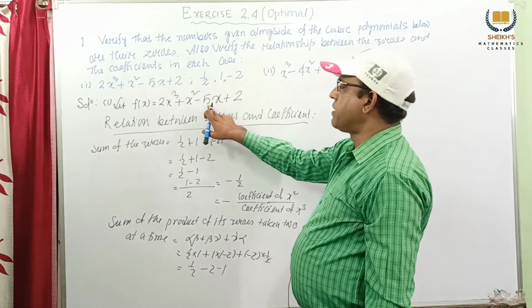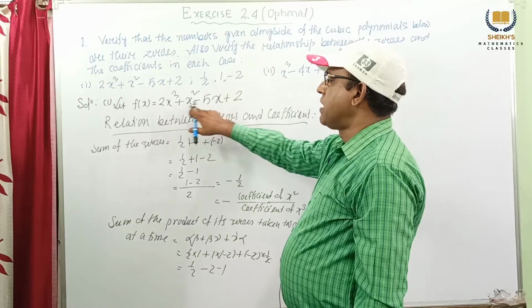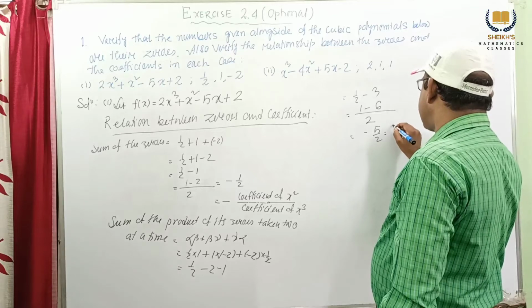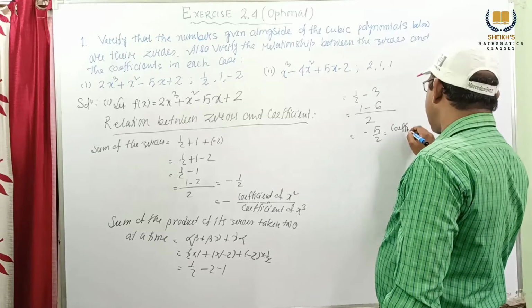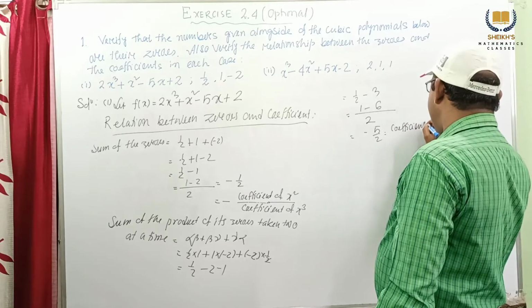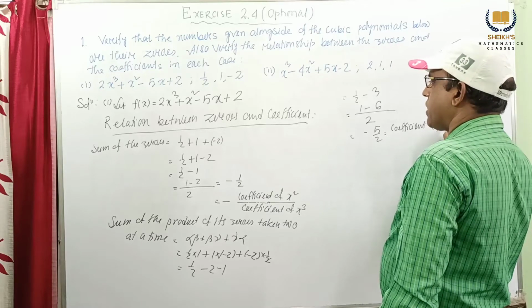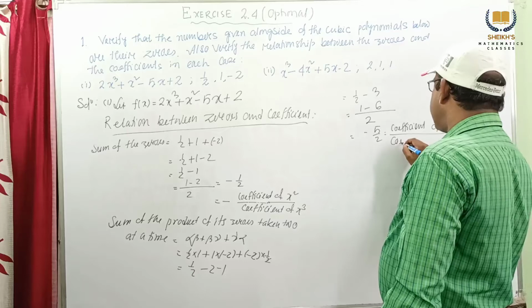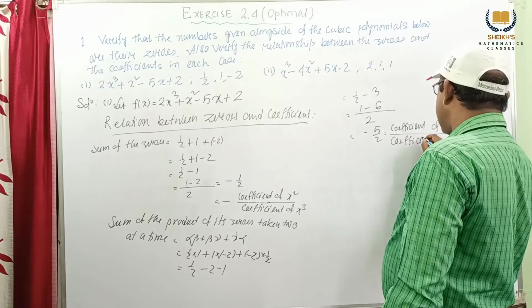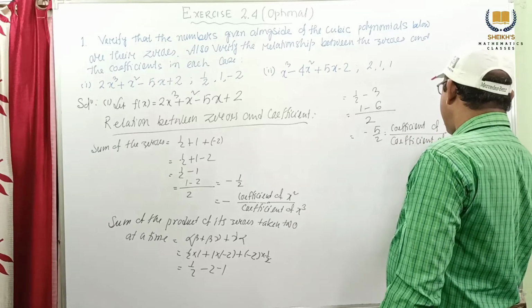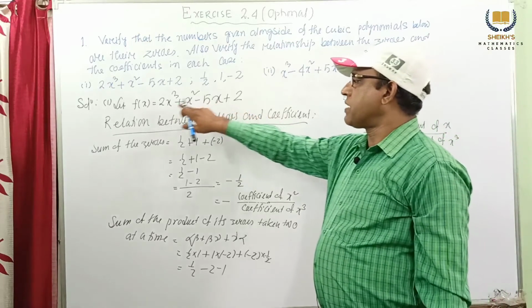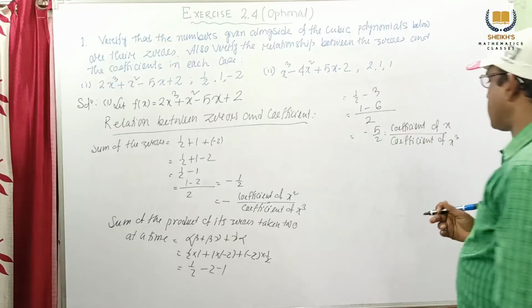Minus 5 is the coefficient of x and 2 is the coefficient of x cube. So this is coefficient of x by coefficient of x cube.